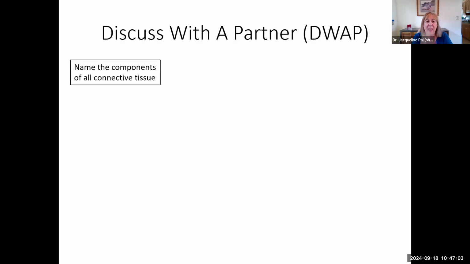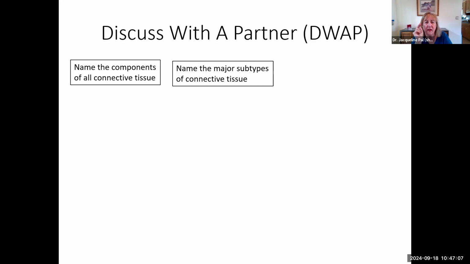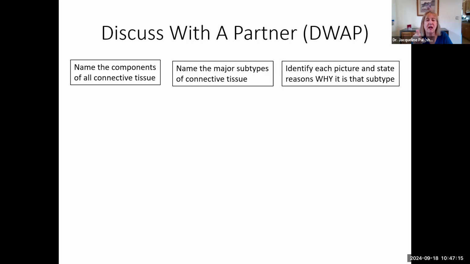And then when you are done, name all the components of all connective tissue. By the way, that's a homework assignment too. Name the major subtypes of connective tissue. Hopefully you did that on the previous slide. And then go back and identify pictures and state reasons why it is that subtype.